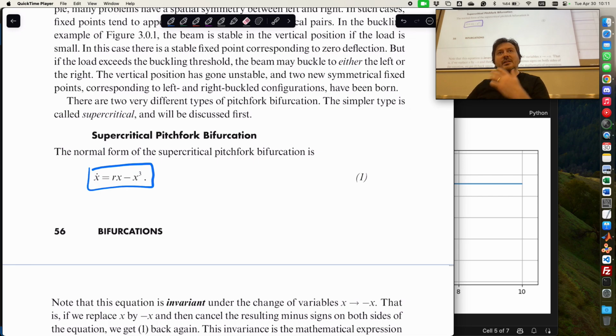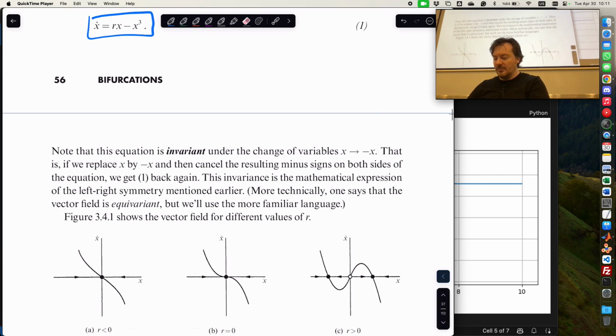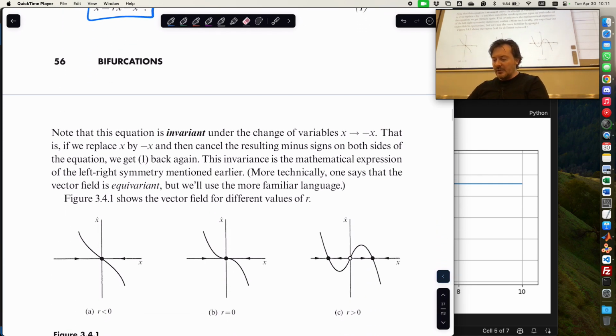You may be thinking these are arbitrary. They are not arbitrary. In one system, you find this kind of bifurcation; in another, you find a different kind of bifurcation. This is particularly interesting because we have already seen this one in the Ising model. Do you remember? There was a beta approximation.